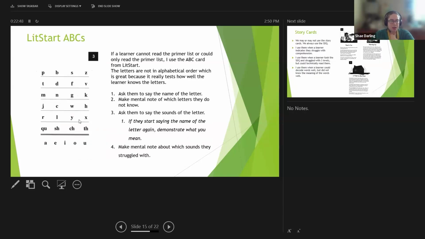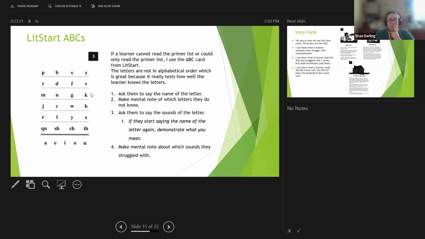I use the alphabet cards, which are fantastic. Like if a person is doing the San Diego Quick and it has a primer, they're at primer level, where they have really struggled with primer level, I will go to the ABC cards and I will ask them to say the names of the cards, which lets me know, okay, if they know the names of the letters, they might have had some formal English instruction or they know a little bit. And then I ask them for the sounds, in English versus their native language.